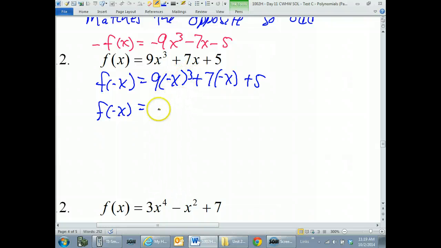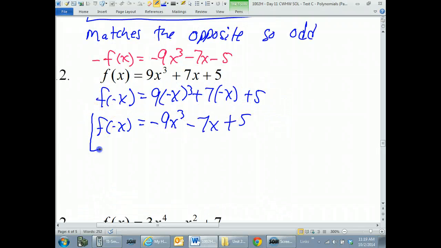So this negative is going to stay, so I'll have negative 9x to the third power. This negative is definitely going to stay, so I'll have negative 7x. And then I'll just have the plus 5. So then I look back and compare. I look at the function I just created. Does it look like the original function?